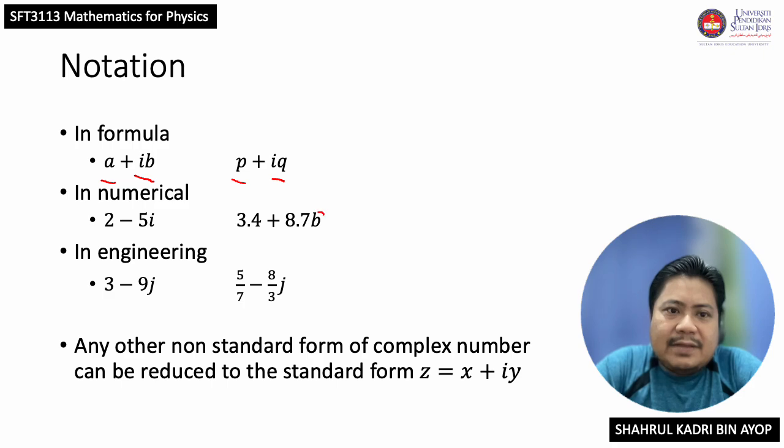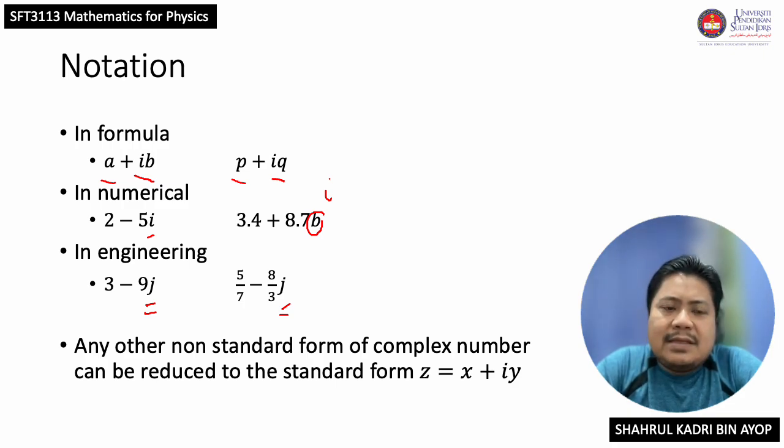Sorry, I made a mistake here. This is i. In engineering, usually instead of using i, they use j. It doesn't matter because they are the same, just a complex number, only they use j for the imaginary part.